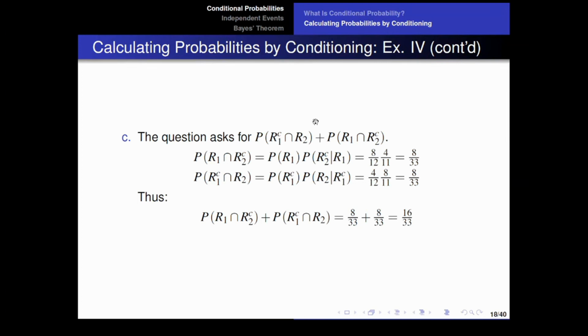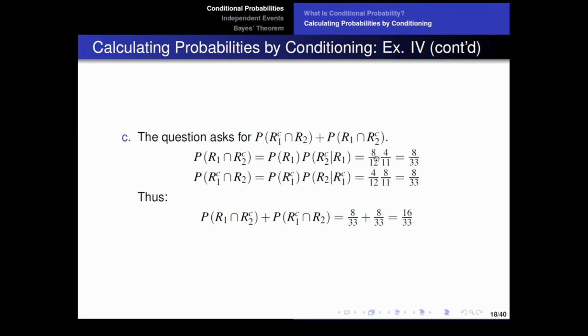So let's calculate the first probability. The probability of the first ball to be red and the second ball to be blue. I'm sorry, this is the second component in the summation. So we start from the second. The probability of the first ball to be red and the second ball to be blue, which can be expanded as the probability of the first ball to be red times, given that the first ball is red, the probability of the second ball to be blue.